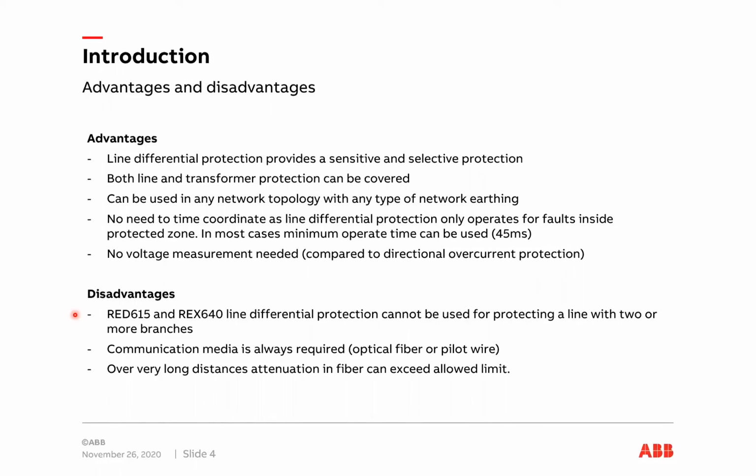As mentioned already, it's either optical fiber or a galvanic pilot wire, which we can support. And if you have a very long line that you want to protect, the attenuation in the fiber can exceed the allowed limit. This means that it's not possible to use line differential protection in that case.